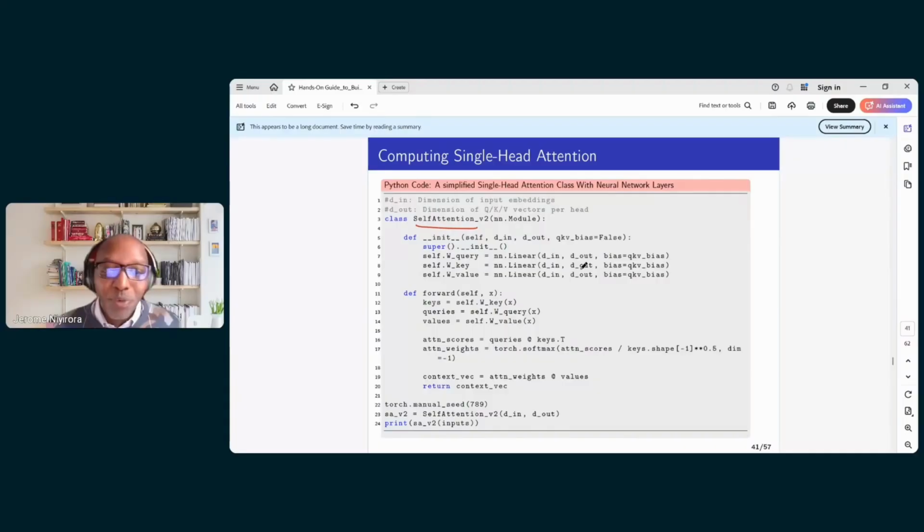As we discussed before, you create these query, key, and value as linear nodes within your neural network model. Then in the forward, you just do the dot products, which is essentially the same thing as this. You take the softmax, which is what's being done right here, and come up with your context vector. It's really easy to implement, especially once you start reading carefully through how these codes are built.